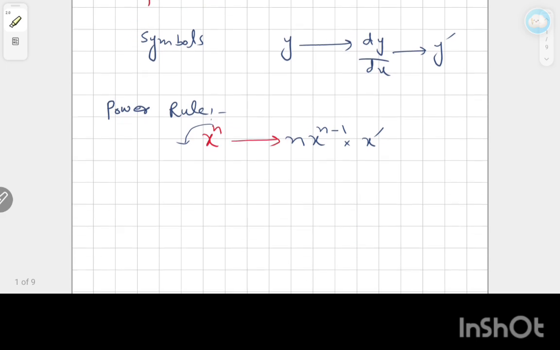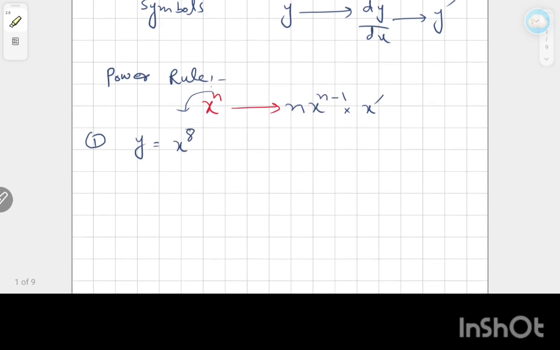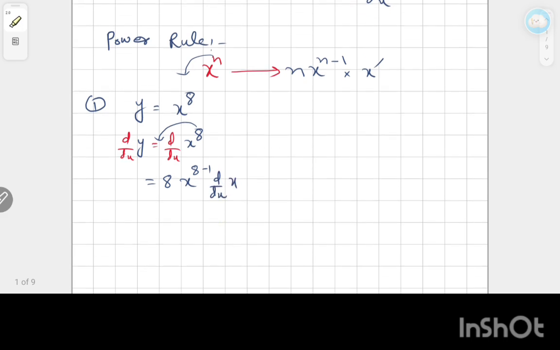We have some examples to understand the power rule. Hopefully you can understand by using the formula and also the examples. Our first example is y equals x to the power 8. Here we take the derivative on both sides with d over dx. The power comes at the start: 8 x to the power 8 minus 1, then we take the derivative of x. 8 minus 1 is 7.